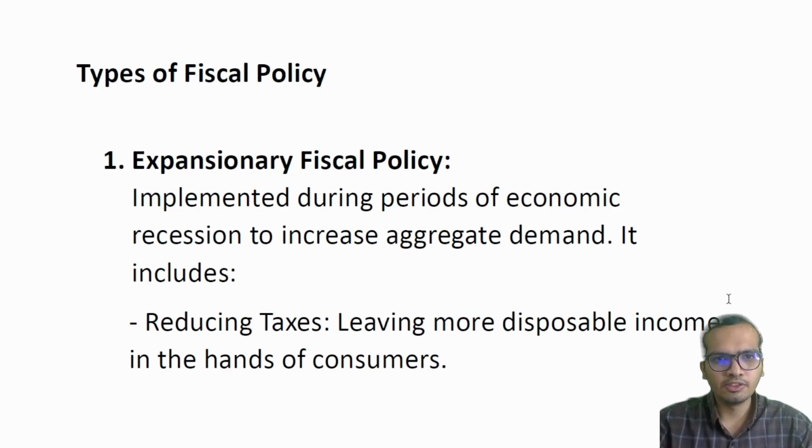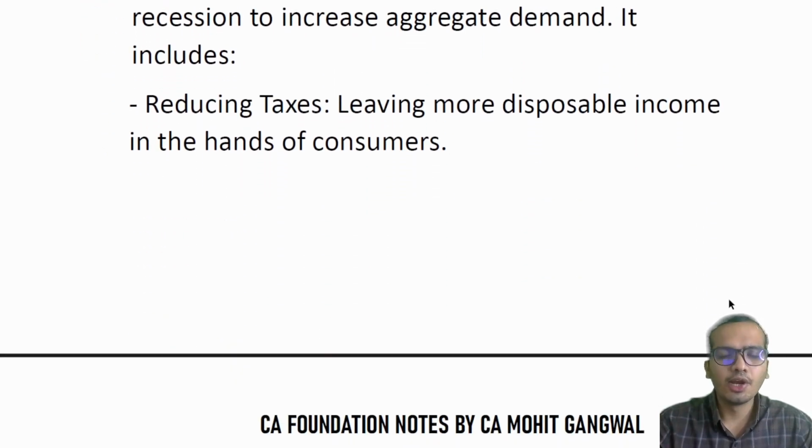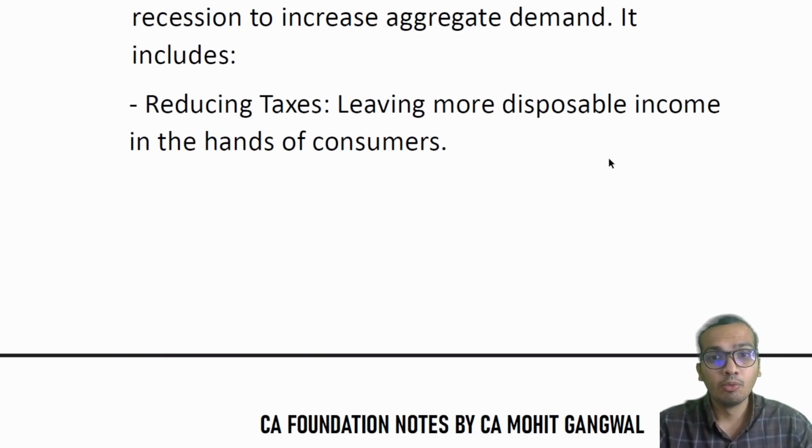First, expansionary fiscal policy. It is implemented during periods of economic recession to increase aggregate demand. It includes first, reducing taxes, that is leaving more disposable income in the hands of consumers. So if you have a lower tax, suppose currently you are earning 100 rupees, the tax is 30 rupees.